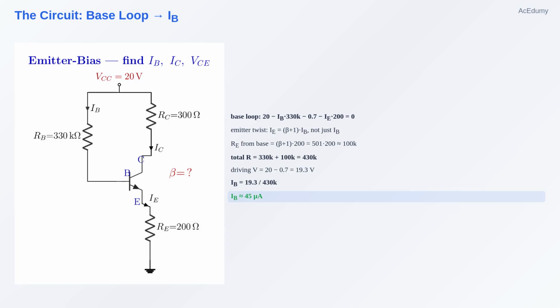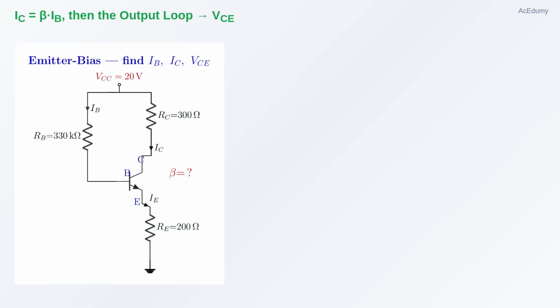A tiny base current, exactly what we expect for a base fed through such a large resistor. With the base current and beta in hand, the collector current is immediate. Collector current equals beta times base current, 500 times 45 microamps, which is 22.5 milliamps.